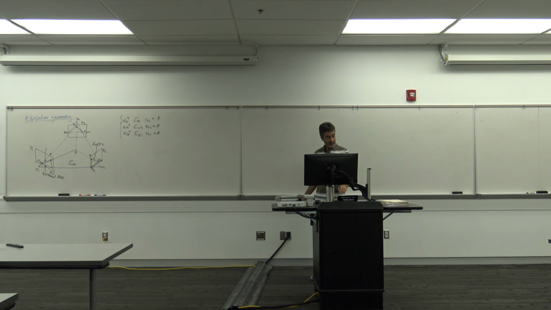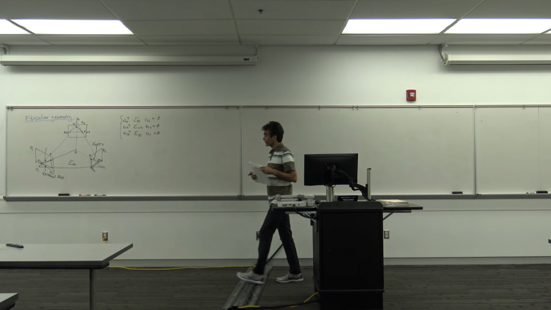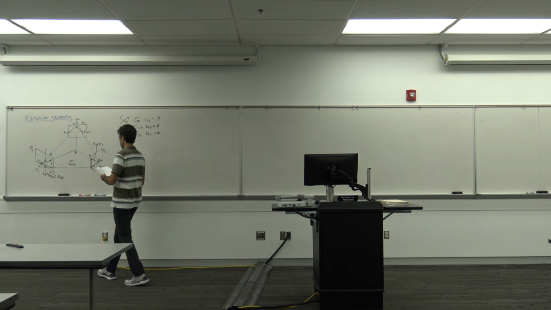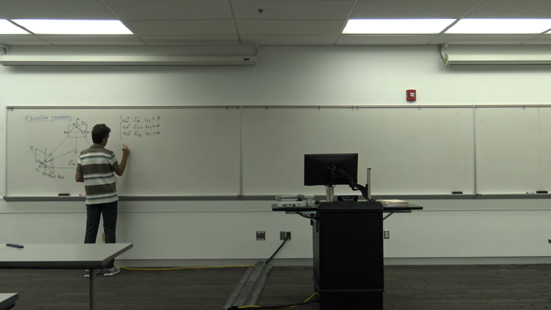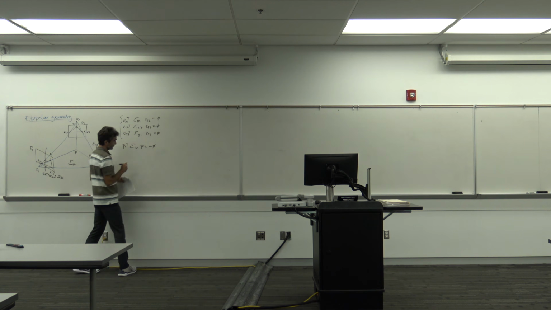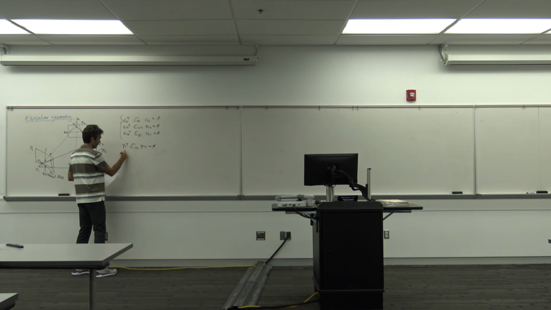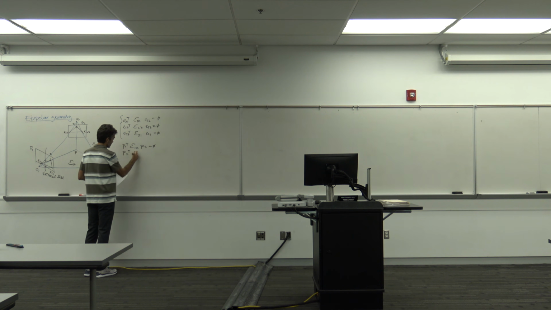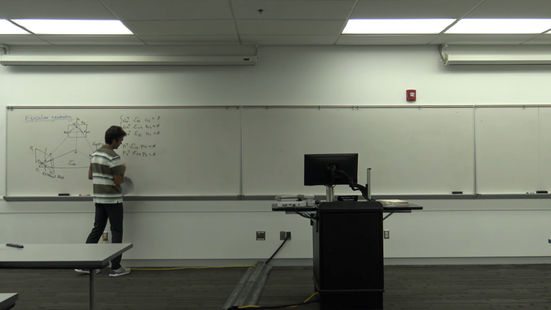OK? And because that applies not only to the epipoles, but to the points, I can also write P1, the essential matrix from 1 to 2, P2. That's also 0, right? I have P2, the essential matrix from 2 to 3, P3, it's also 0.